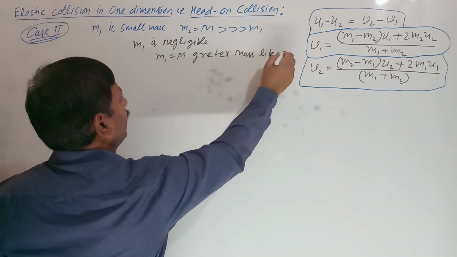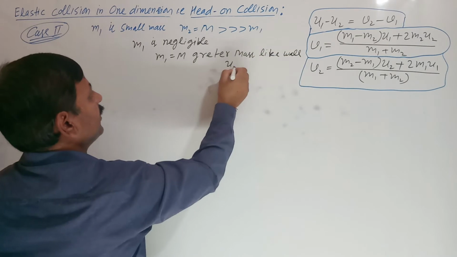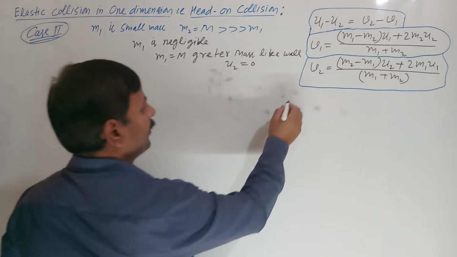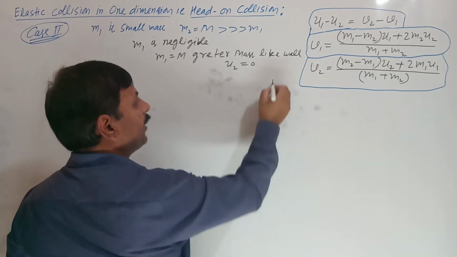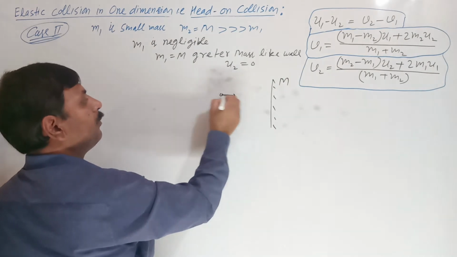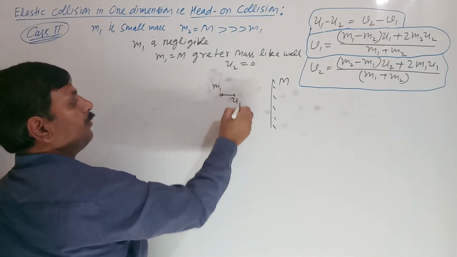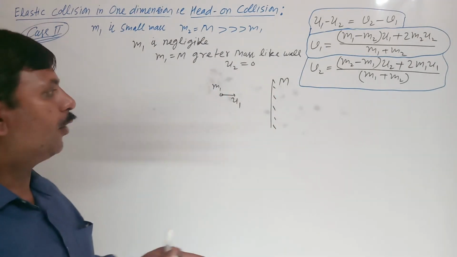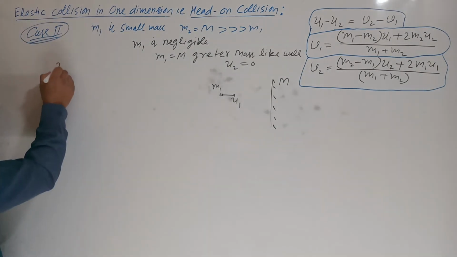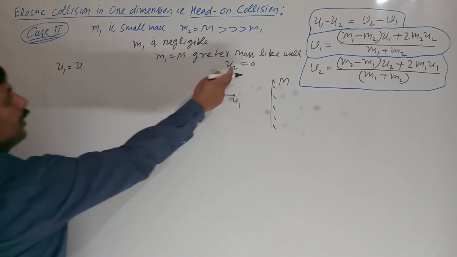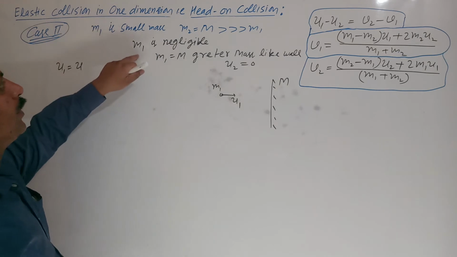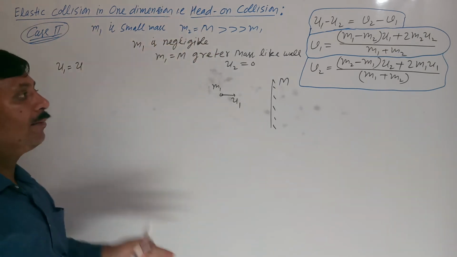At that time what happened? And M2 is stationary. Okay, like that we have taken. One wall is there with mass M, and a small mass m1 with velocity u1 is striking the wall. Then what happened? u1 is equal to u, u2 is equal to 0, m1 is m1, m2 is capital M, the greater mass.